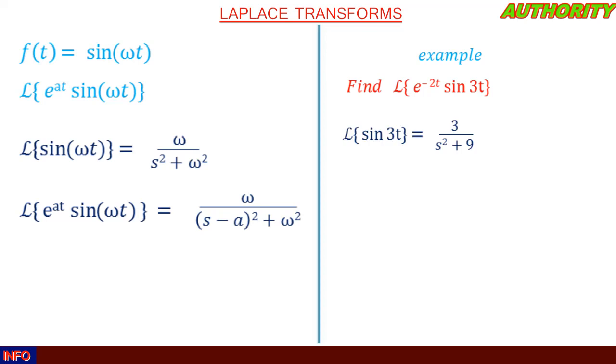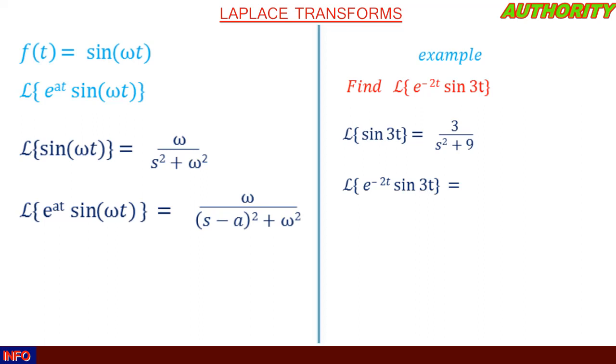Okay, so the Laplace transform of sine 3t is going to give us 3 all over s squared plus 9. I hope you know this, right? Good. Now let's go. In this case now, we have e raised to the power of at multiplied by f of t, right? Good. So that means in this sine 3t now, anywhere we see s, we replace it with what? s minus a. Okay?